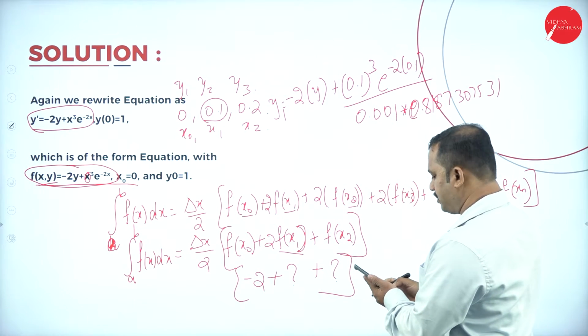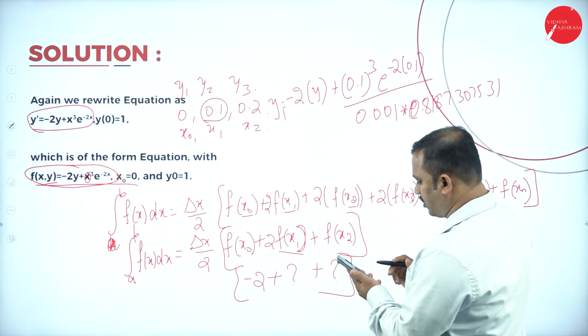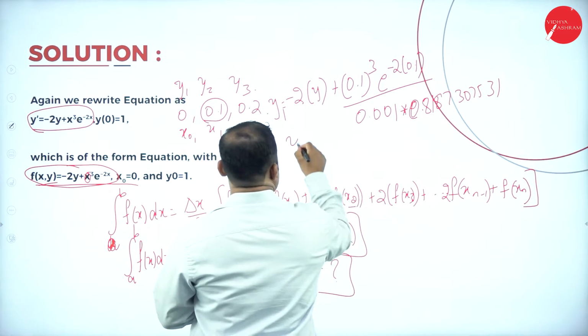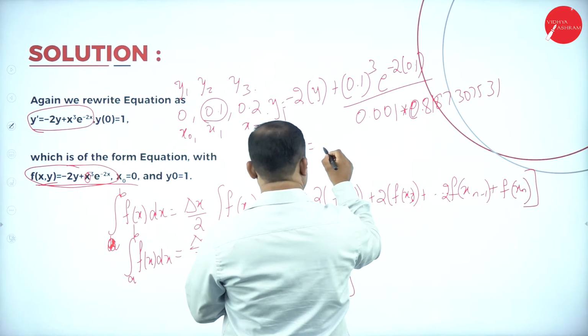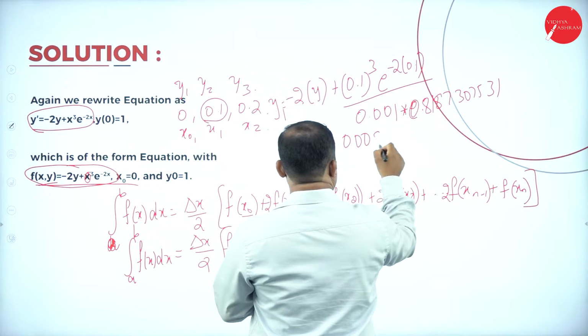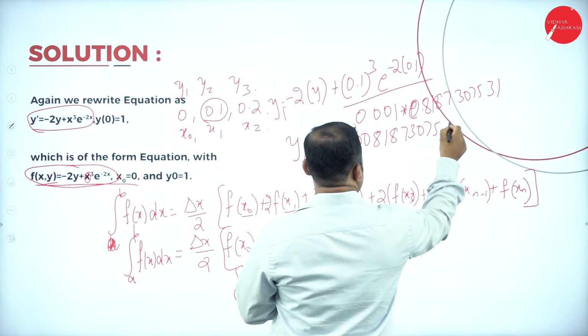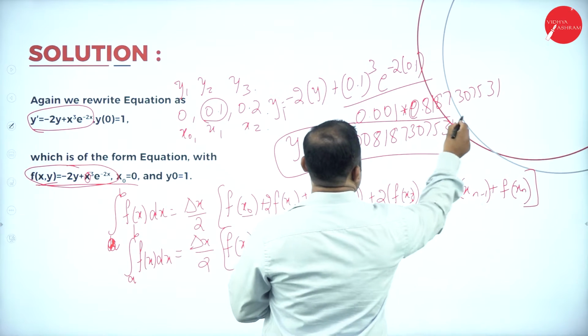That has to be multiplied by 0.001 to give the value of y1 equal to 0.0008187307531. This is the value of y1.